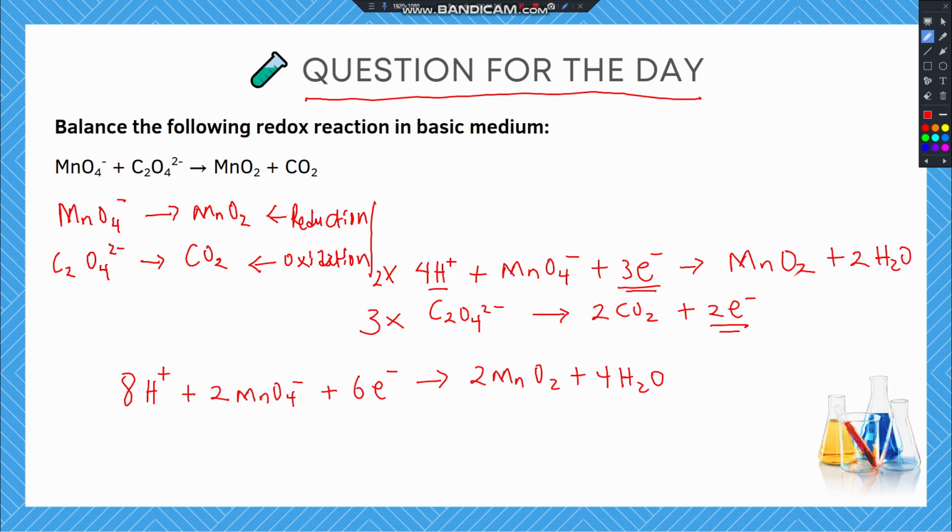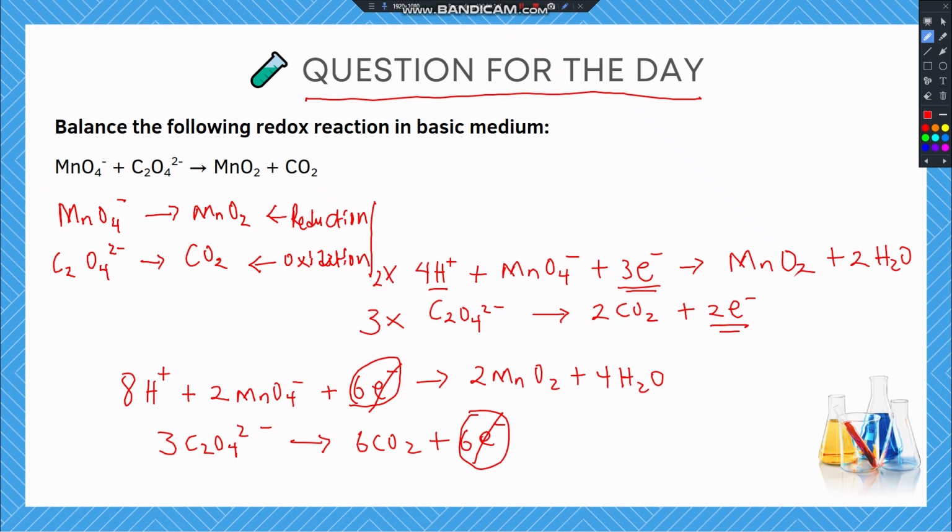For the second equation, we have 3 C₂O₄ 2 minus, giving us 6 CO₂ plus 6 electrons. So at this point now, we have the same number of electrons in both reactions. So electrons can cancel each other out. 6 electrons cancel out 6 electrons.